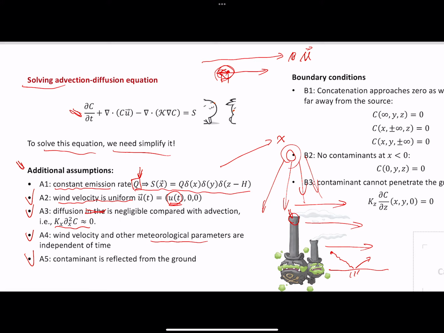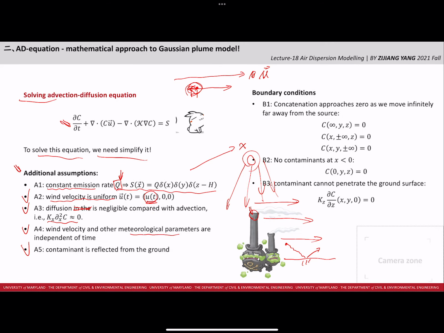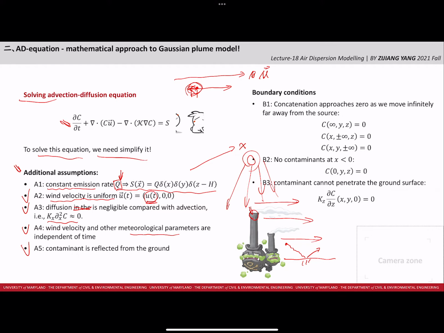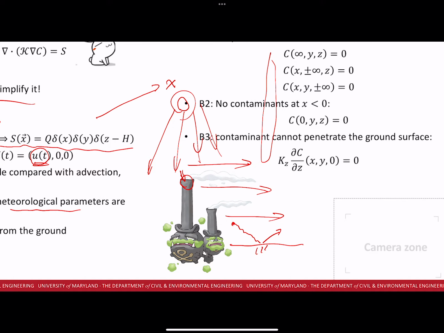Do you guys have more questions about the assumptions? No? We also need some boundary conditions. This is a little bit overwhelming, but in general, it means that if we have a source here, and let's say this is the x direction, at the upwind direction, the concentration of the pollutant should be 0.